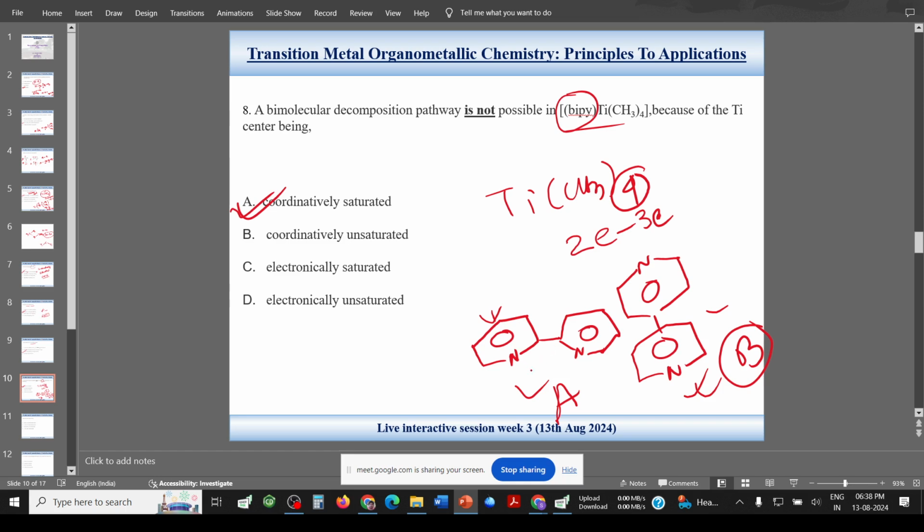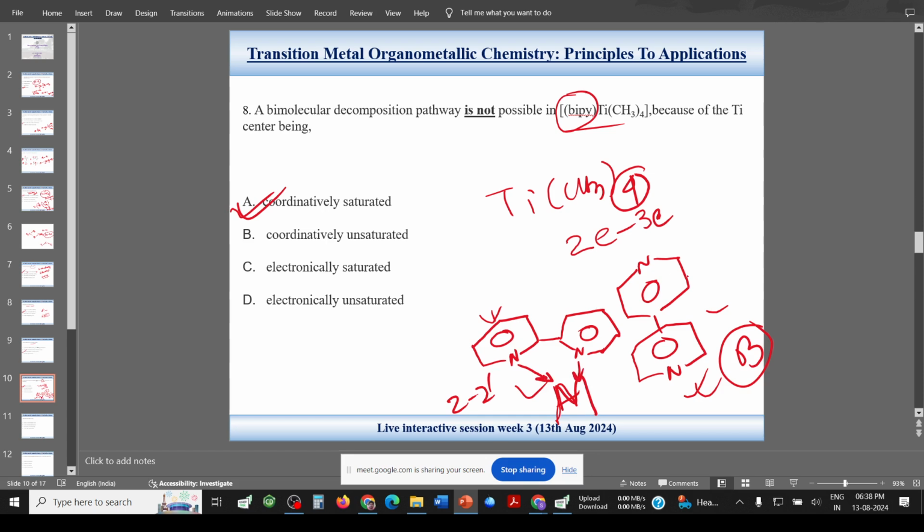So this is called 2,2'-bipyridine and this one is 4,4'. If we have our metal over here, it will coordinate like this to the metal center.